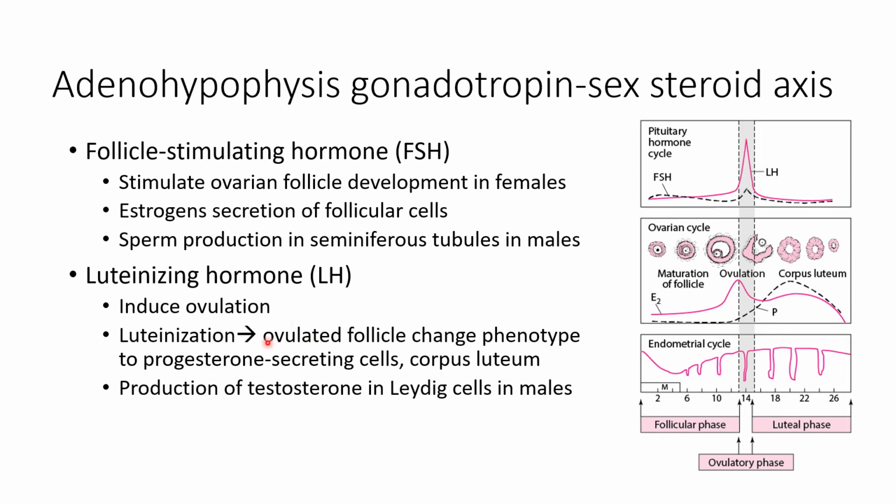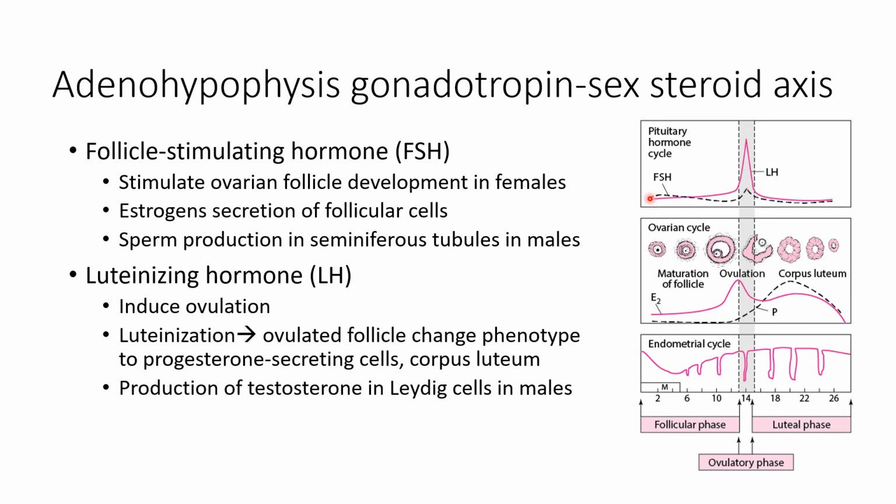Yun yung luteinization, which actually becomes your corpus luteum, a specific type of structure that produces progesterone. In males, it induces the production of the main male androgen, your testosterone, in your cells of Leydig.